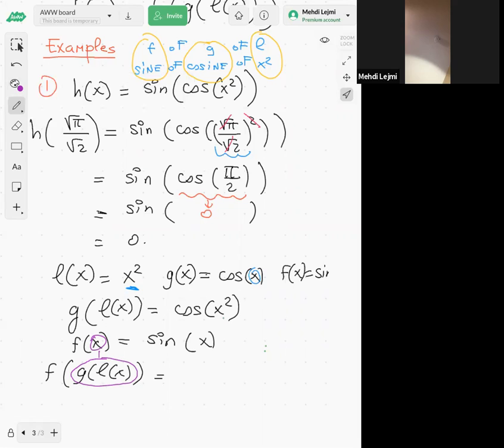And we just said g of L of x is cosine of x squared. So that will be sine, and between parentheses, I'm going to have g of L of x, which is cosine of x squared, right? And that's exactly my h of x.